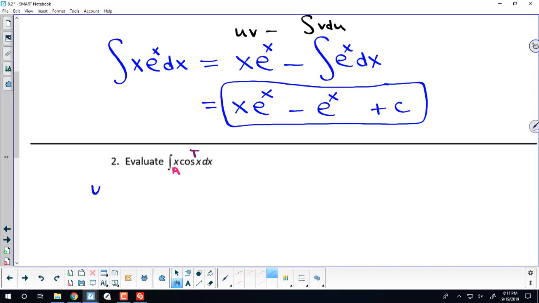So what are we going to let u equal? The algebraic function. dv is then cosine x dx. du, the derivative of x, is dx. Remember, we're just taking the derivative of u with respect to x and moving that over to the other side. And the antiderivative of cosine is sine.